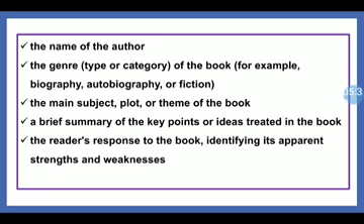We also state the main characters that are in the book as well. Then we give a brief summary of the key points or ideas that are in the book.